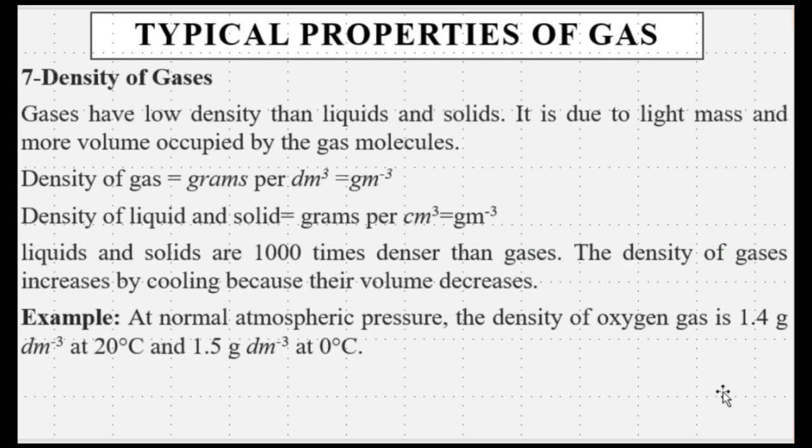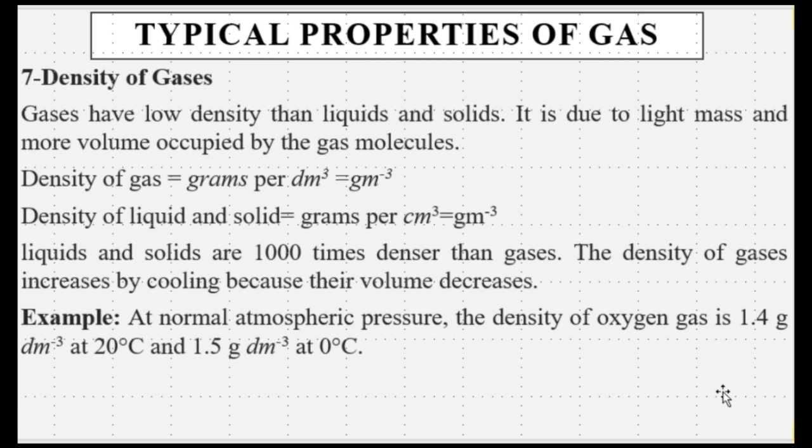And the seventh and last typical property is the density of gases. As we are familiar, density is equal to mass over volume. Mass per unit volume is called density. Gases have lower density than liquids and solids. It is due to the lighter mass and the greater volume occupied by the gas.